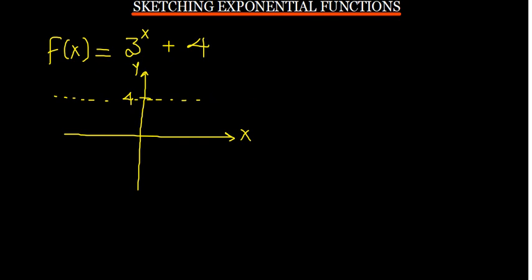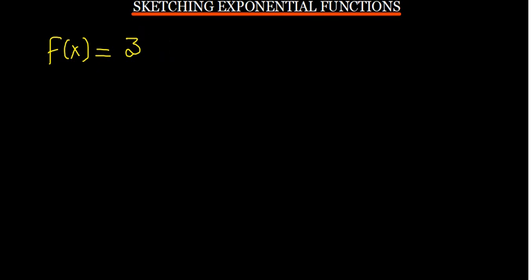Okay. So basically that is what constants added are going to be able to do to the function. Let me change just this. Let's say we're talking about negative 3 minus 2 to the power negative x.